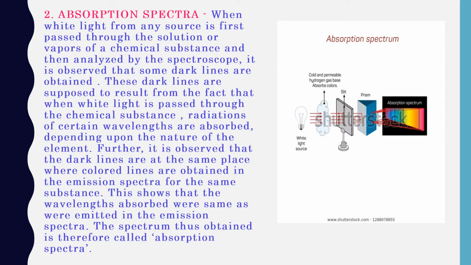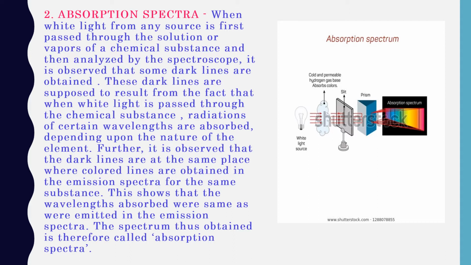Further, it is observed that the dark lines are at the same place where colored lines are obtained in the emission spectra for the same substance. This shows that the wavelengths absorbed were the same as were emitted in the emission spectra.